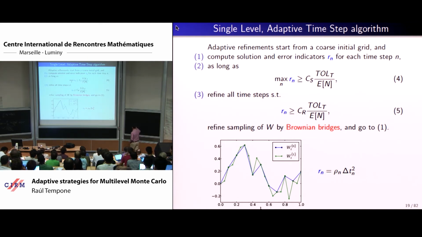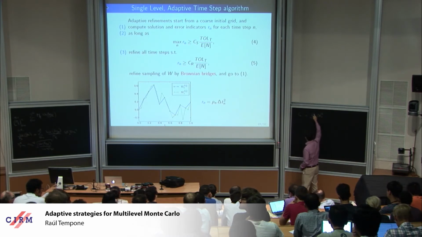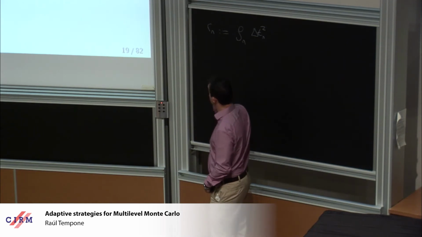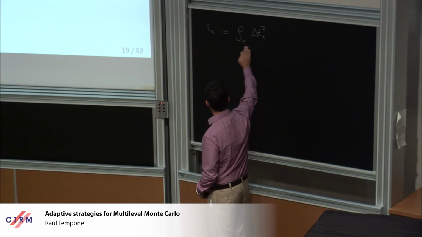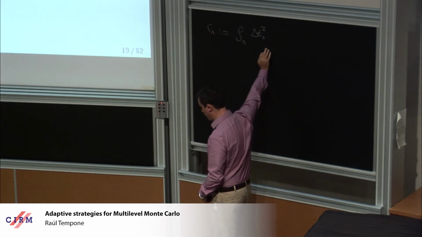Again, the error indicators Rn in the context of error densities are defined essentially as rho n times delta Tn squared. And rho n could be the weak error if you're controlling the weak error, or the strong if you're using the strong approximation. That's not important.